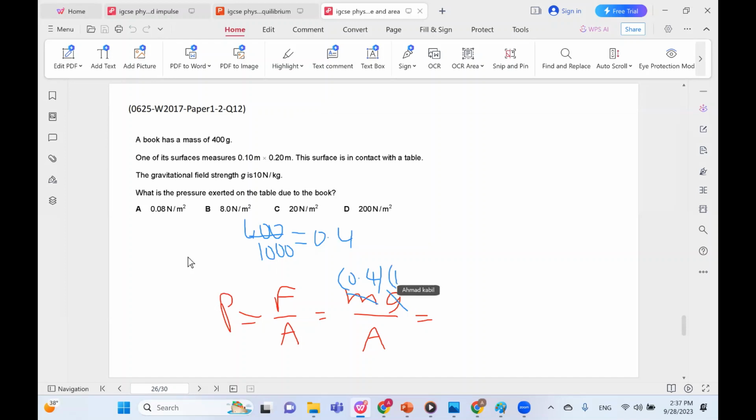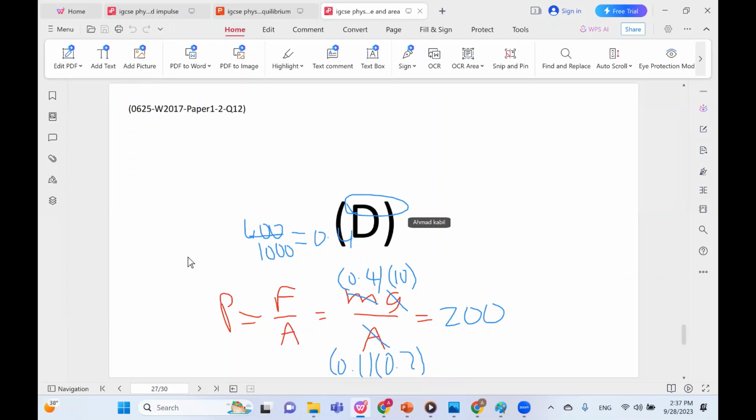This is 10. And the area is 0.1 times 0.2, length times width. And we calculate. So the correct answer here will be 200 newtons per meter squared. Choice D.